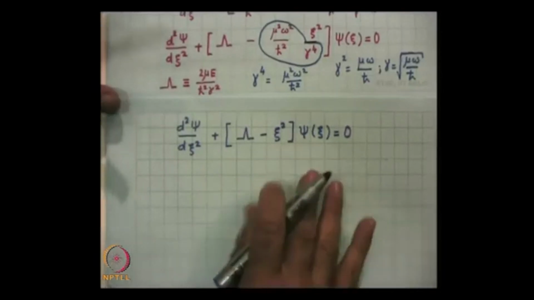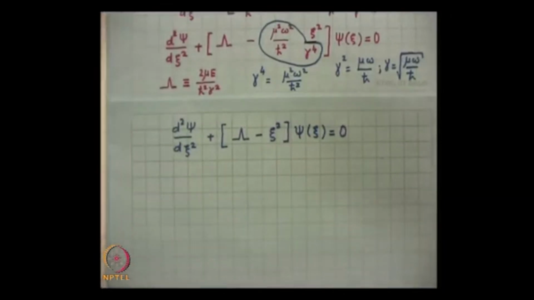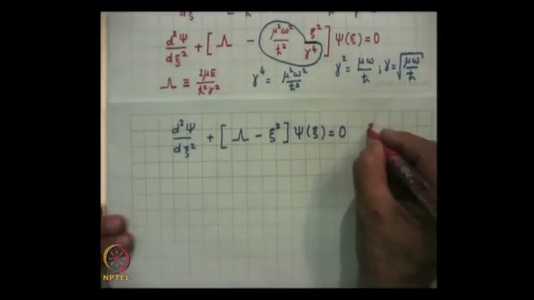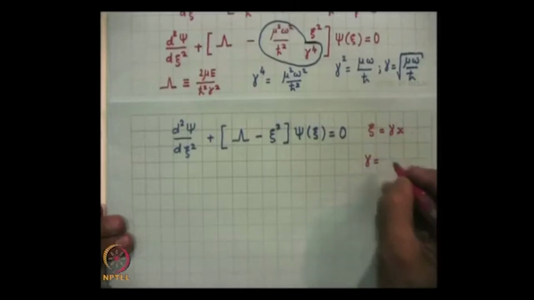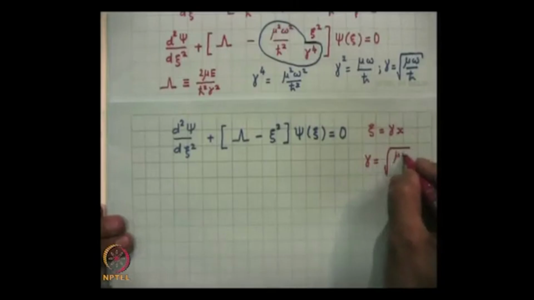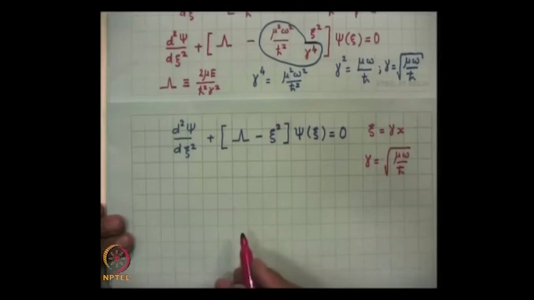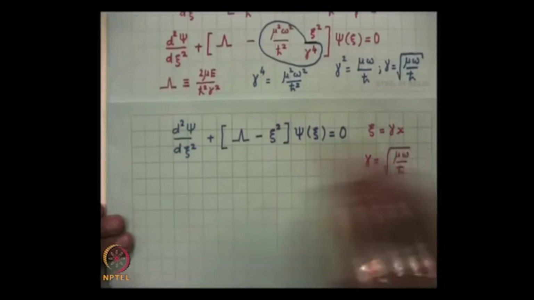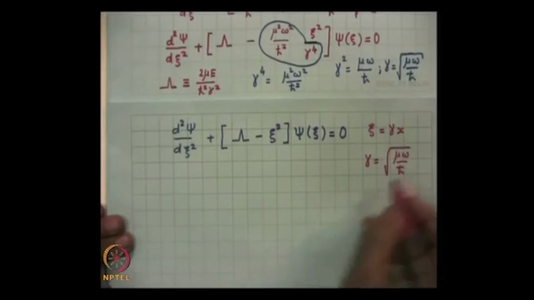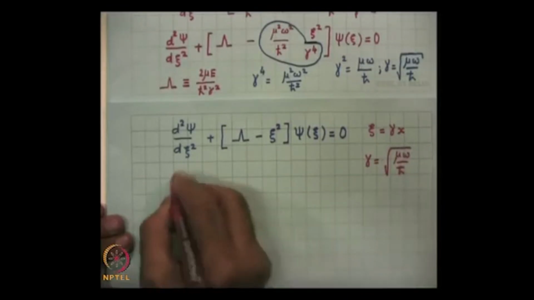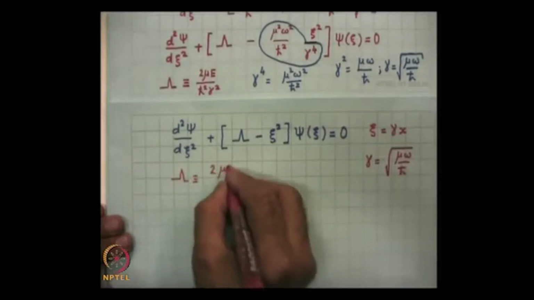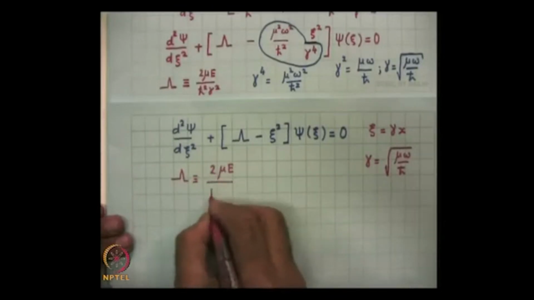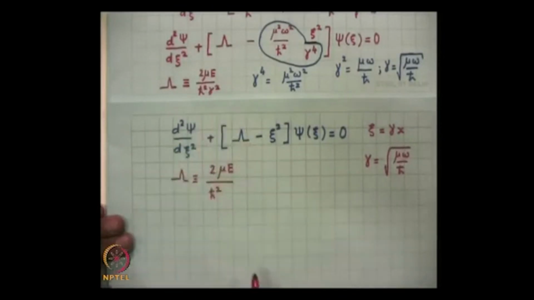So, I have the two definitions. One is that of gamma: xi is equal to gamma times x, where gamma is equal to the square root of mu omega by h cross. This is a dimensionless quantity. X has the dimensions of meters, so gamma has the dimension of meter inverse. And lambda is defined to be equal to 2 mu E by h cross square gamma square.